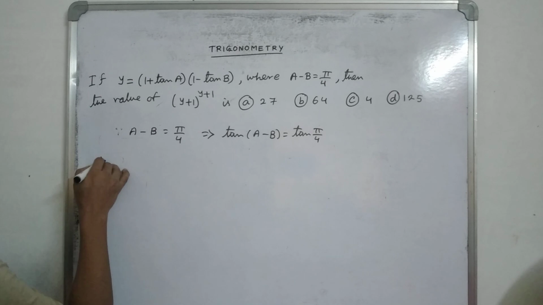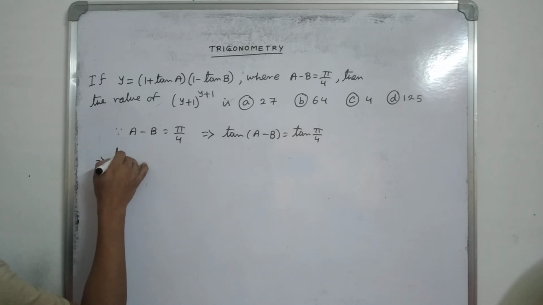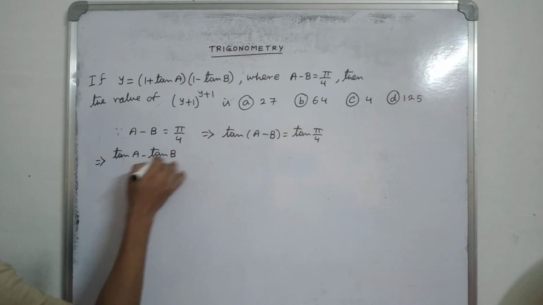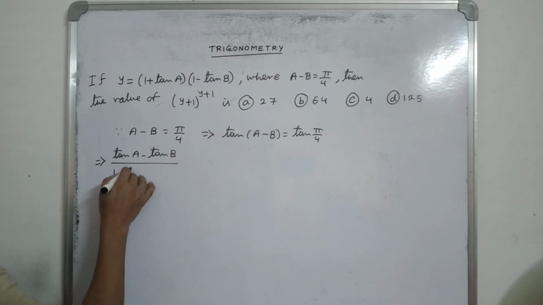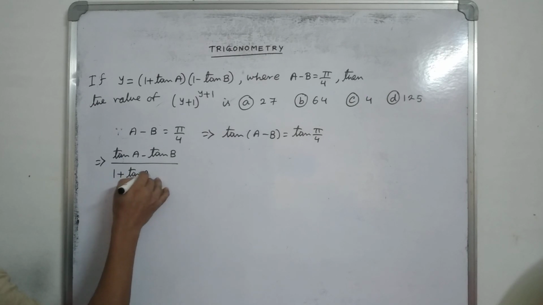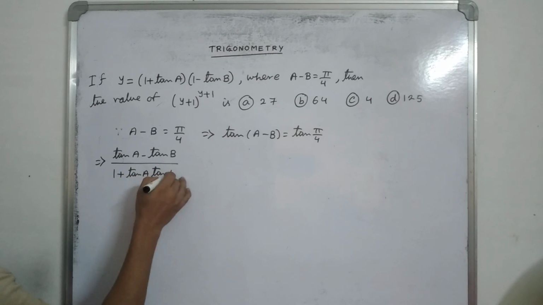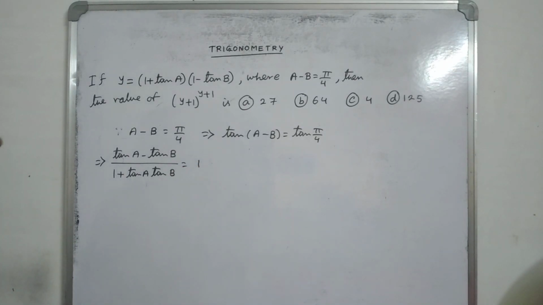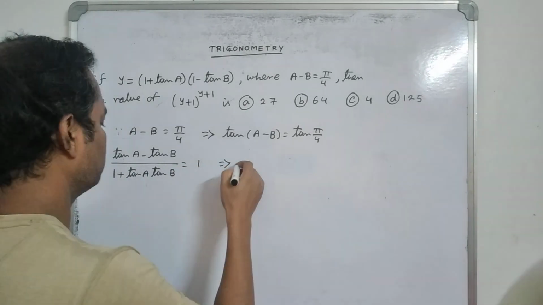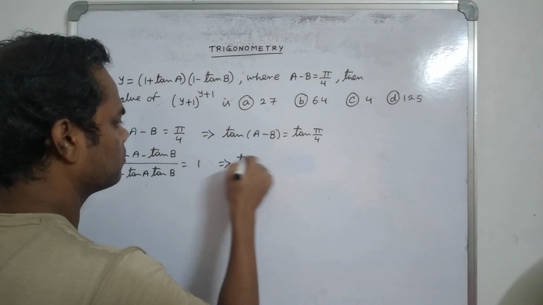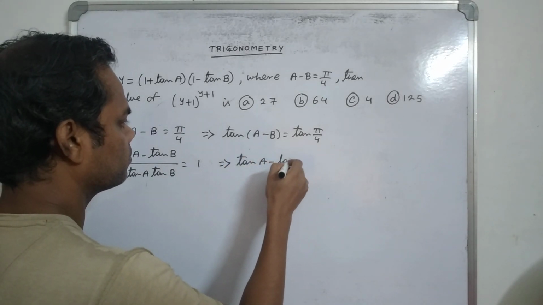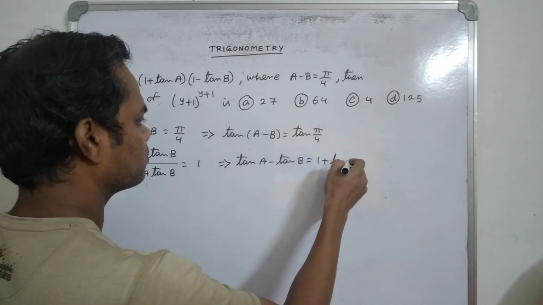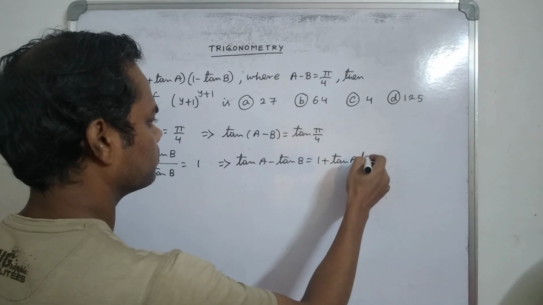So tan a minus tan b by 1 plus tan a into tan b is equal to tan pi by 4, which is tan 45, and tan 45 is 1. Then tan a minus tan b is equal to 1 plus tan a tan b.